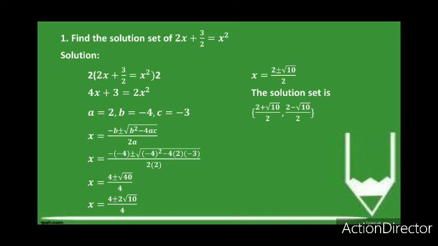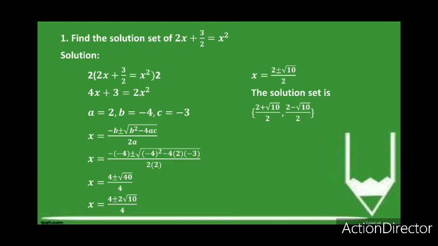And now, we will use the quadratic formula. We will substitute the values of a, b, and c in the quadratic formula, and the result will be x equals negative times negative 4 plus or minus the square root of negative 4 squared minus 4 times 2 times negative 3, over 2 times 2. It comes up with the answer x equals 4 plus or minus the square root of 40 over 4.